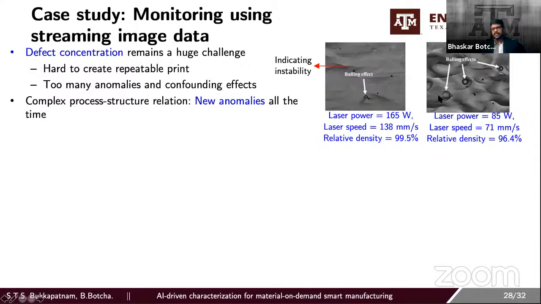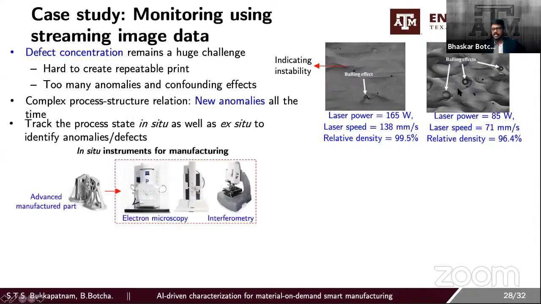In these particular samples, if we are looking at this from a pure image standpoint, it is difficult to exactly identify these anomalies. We also want to track these anomalies in situ, if you have some form of imaging. So we want to identify the porosity of these samples just from the images.